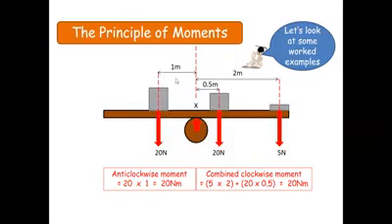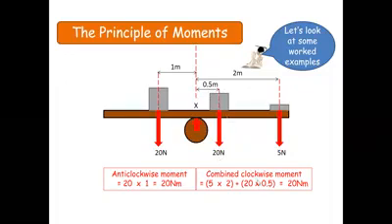20 times 1, so we have 20 newton meters here. And then the same thing here, but here we have combined forces, so we take the moments at this point and at this point too. Here we have 5 multiplied by 2, and then we add it to this one because we have combined forces here, so 20 times 0.5.